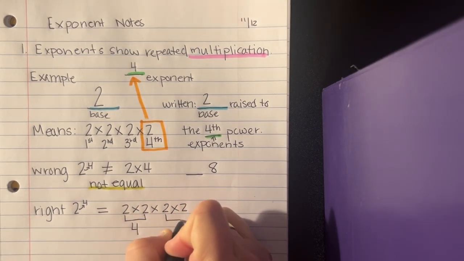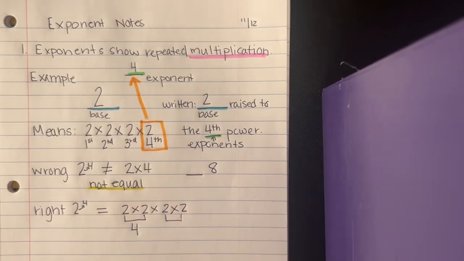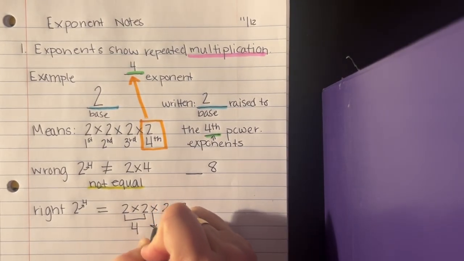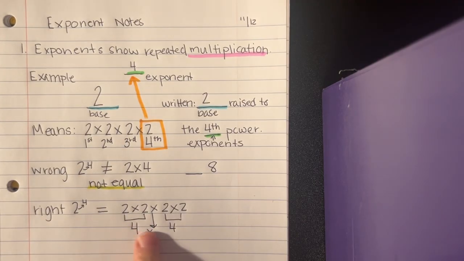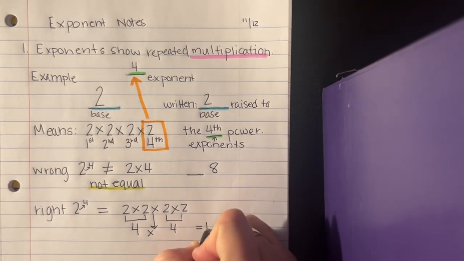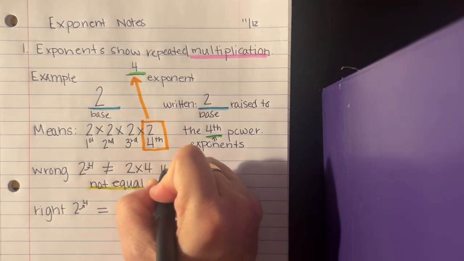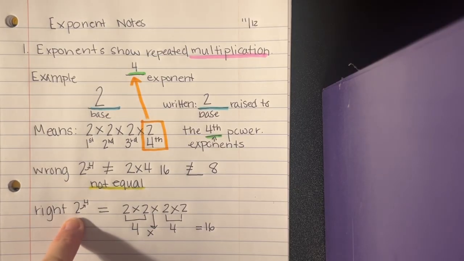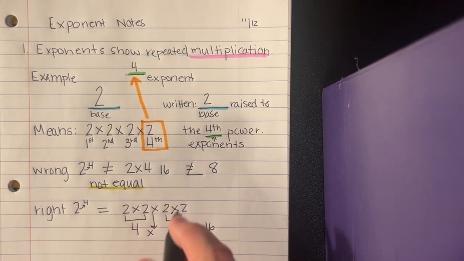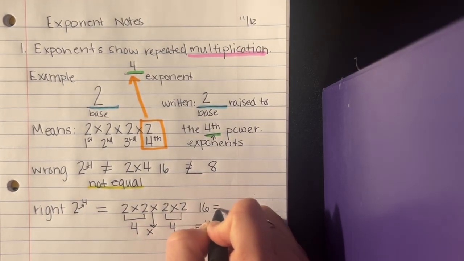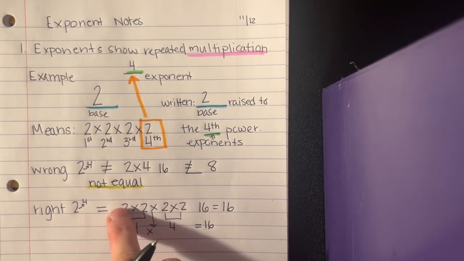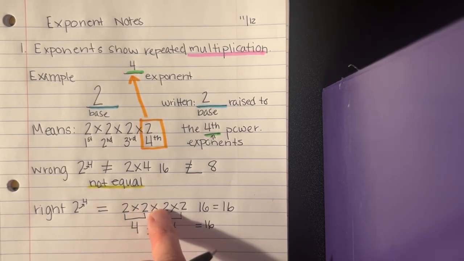And if I multiply 2 times 2, I get what? 4. I'm going to bring down my multiplication symbol. And those of you who know your 4's multiplication, 4 times 4 is 16. So we know that 16 is not equal to 8. But in this, 16 is equal to 16 because 2 to the 4th power is 16. And so is 2 times 2 times 2 times 2.